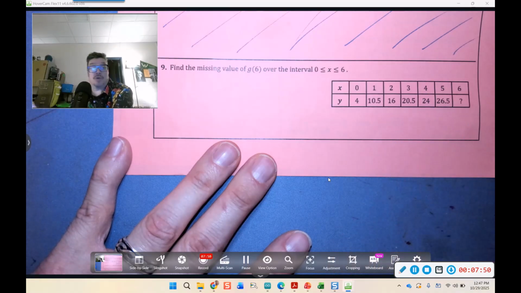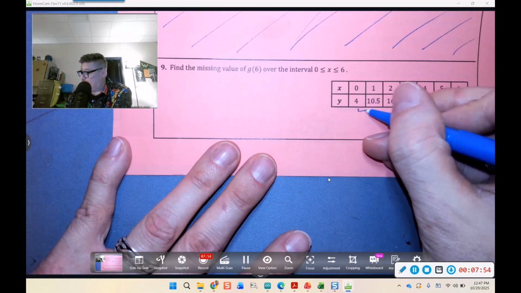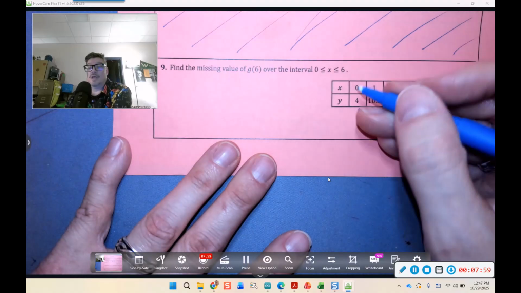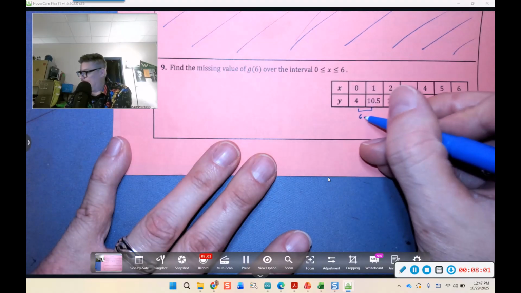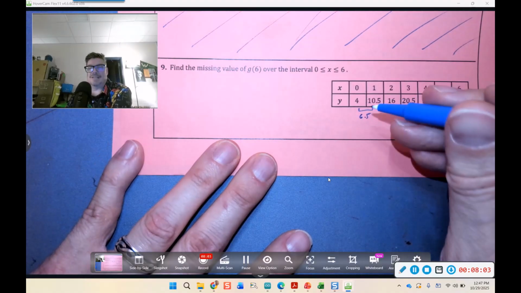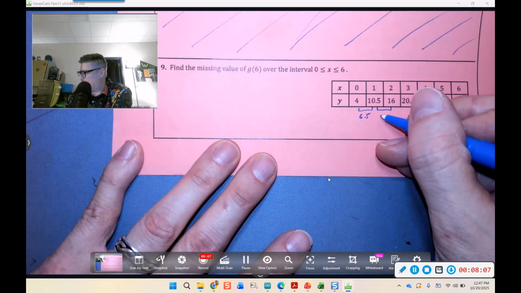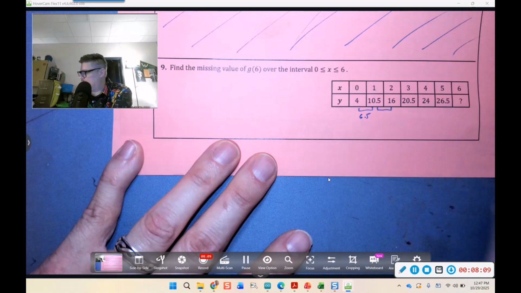So something's going on. The only thing you can do is to get its first difference. Now, what is the first difference between these two? That's going to be 6.5. 10.5 minus 4 is 6.5. Then this guy is 5.5.